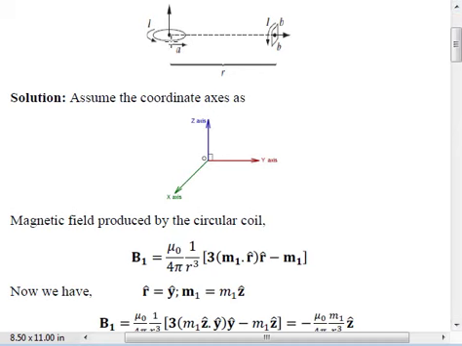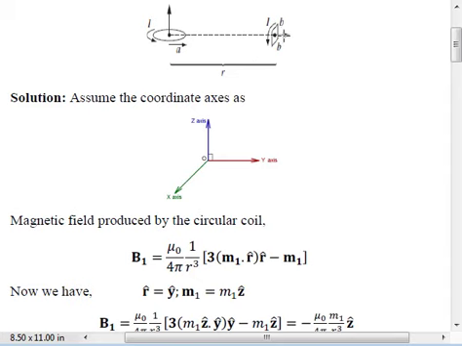The magnetic field produced by the circular loop at the position of the square loop can be found by the general expression for the field produced by a dipole, which was given as homework in the last class. It is mu 0 by 4 pi into 1 by r cube into 3 times m dot r cap into r cap minus m, where m is the dipole moment of that dipole and r cap is the unit vector from the center of the dipole to the point at which the field is calculated.